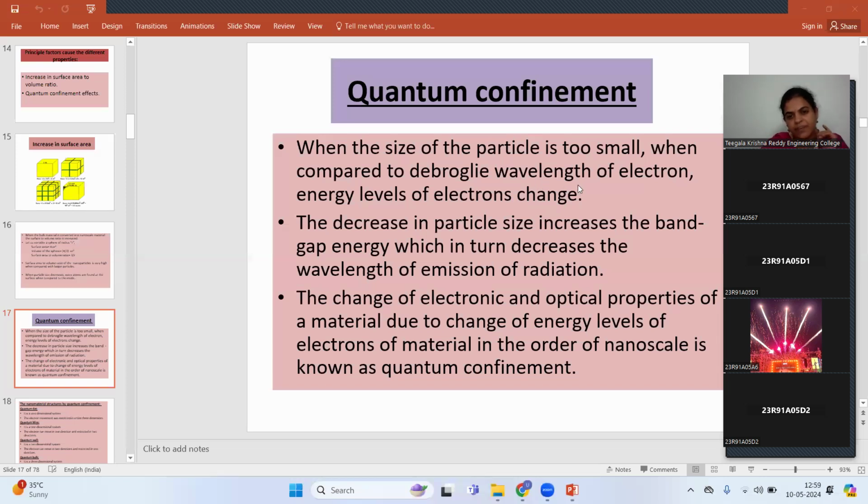What is the de Broglie wavelength? Equation of de Broglie wavelength, anybody? De Broglie wavelength expression.